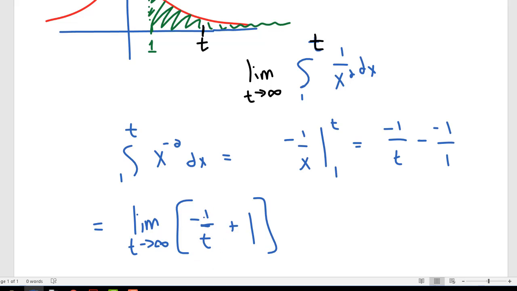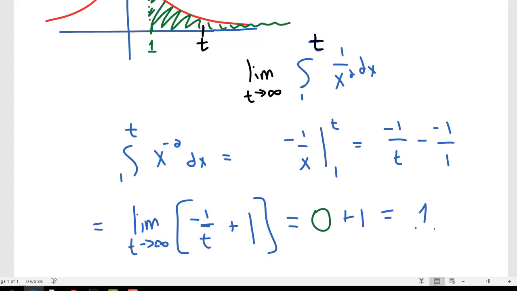If you think about this numerically, 1 over 10 is 0.1, 1 over 100 is 0.01, 1 over 1,000 is 0.001, right? So just numerically speaking, we can see that this is going to 0. So I'm getting this guy going to 0. So I'm getting, let me say, 0, right, plus 1.